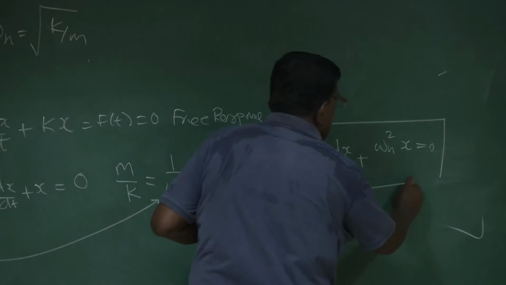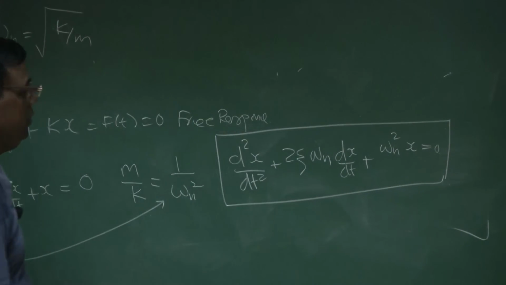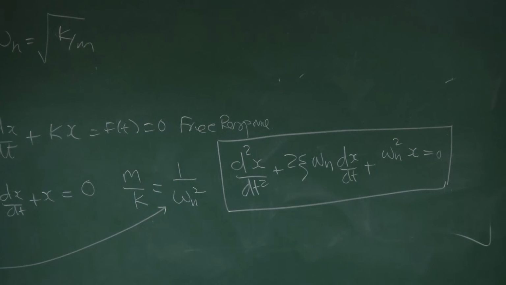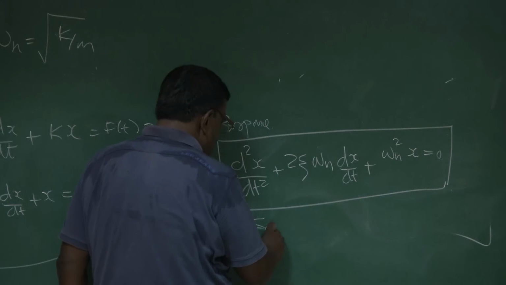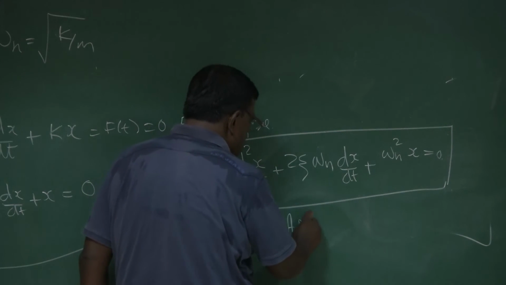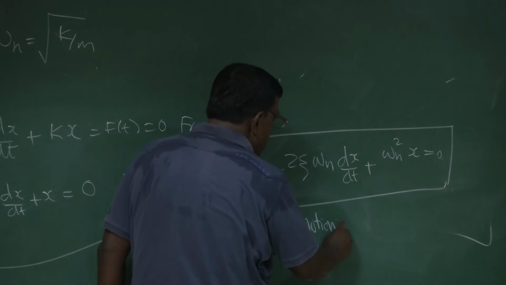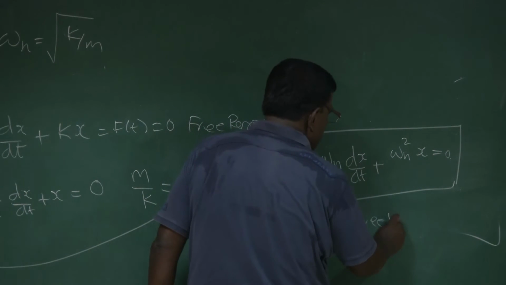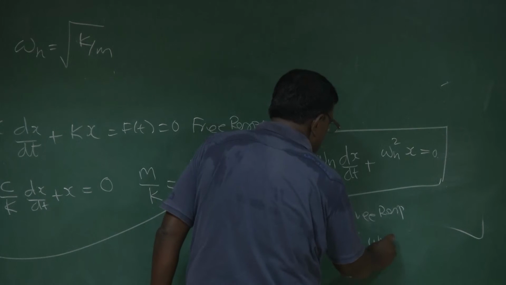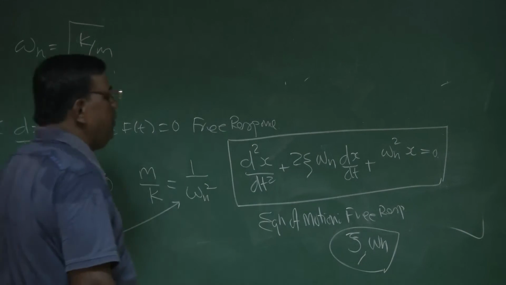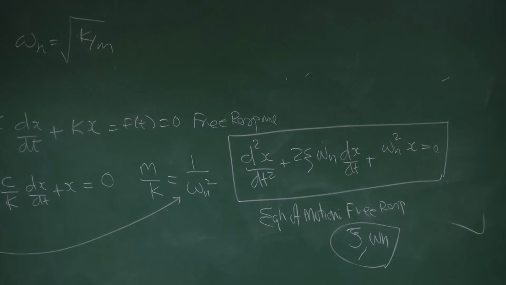This is the equation of motion for free response using zeta and omega n. So this is the equation of motion for what? For free response using zeta and omega n. And most of our analysis will be using this form.